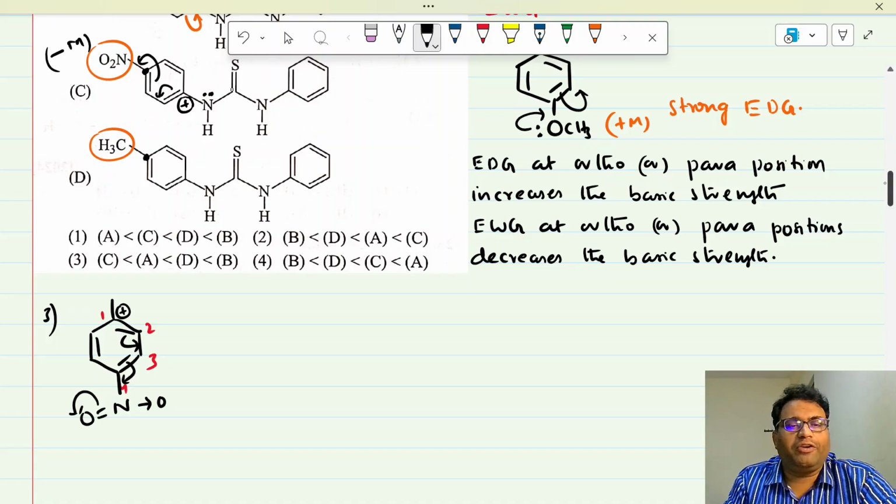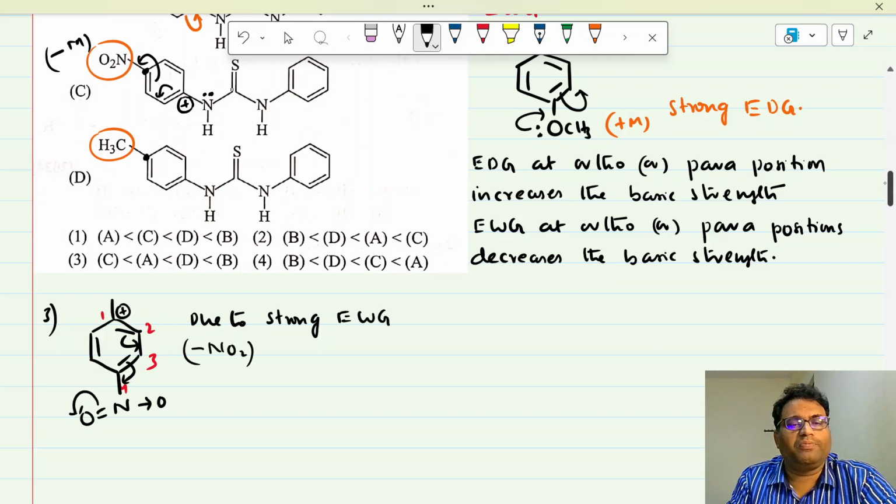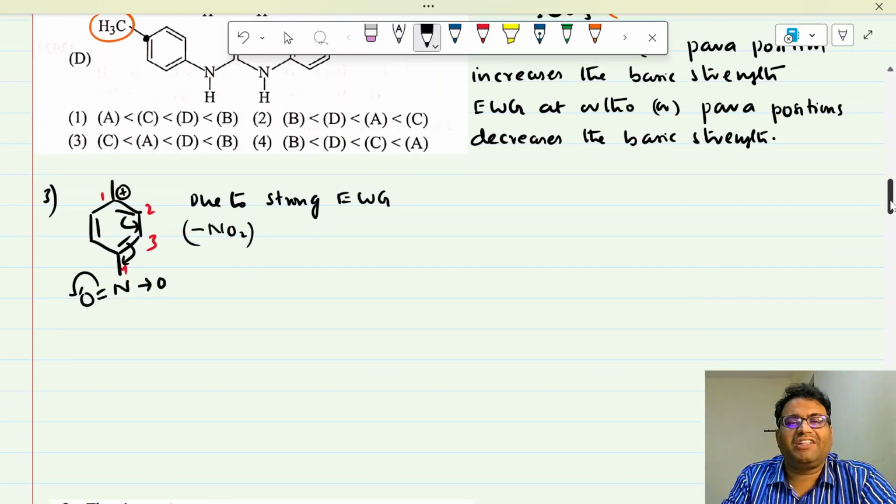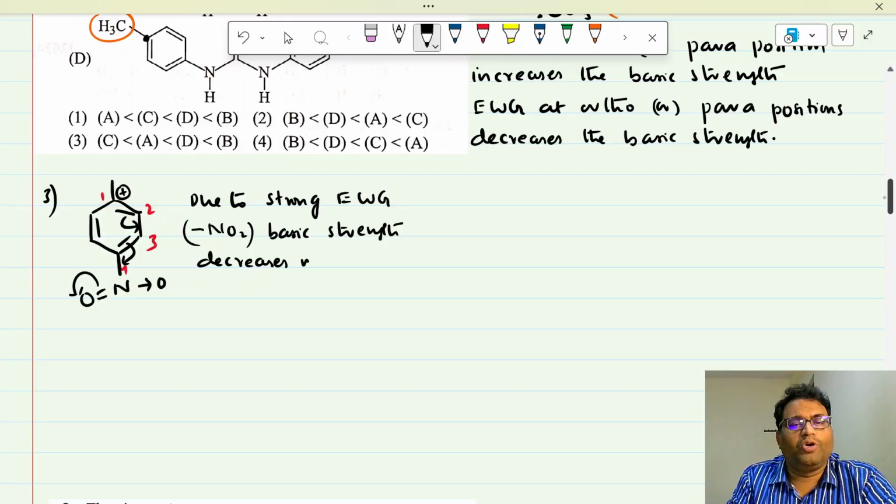So due to the nitro group, a strong electron withdrawing group, the basic strength decreases more.